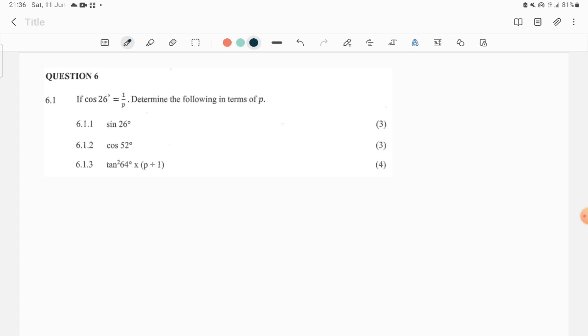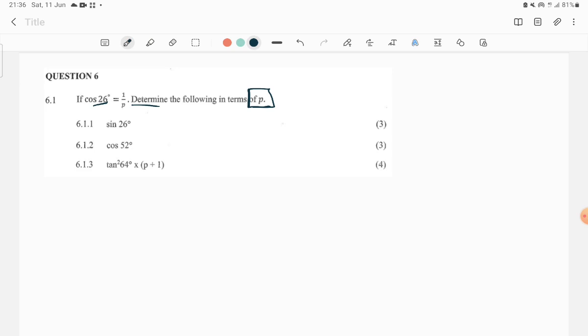Now, what are we having? We are having cos 26 is equal to 1 over p. Then you are asked to determine the following in terms of p, which means your answer must be in terms of p. There must be p in your answer. Now let's come to this one.